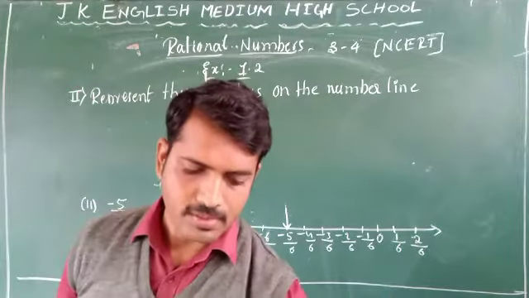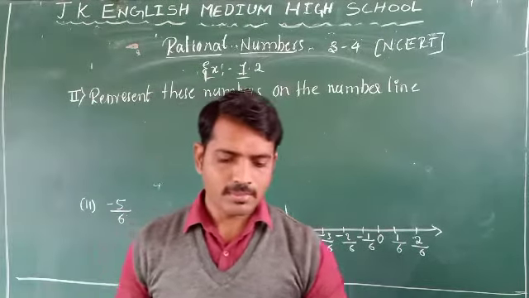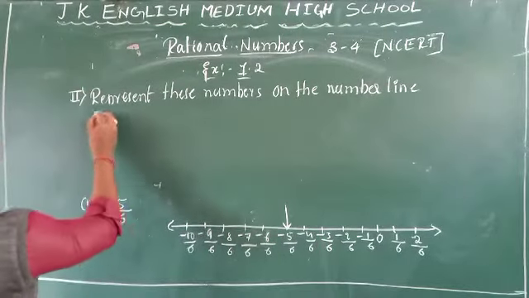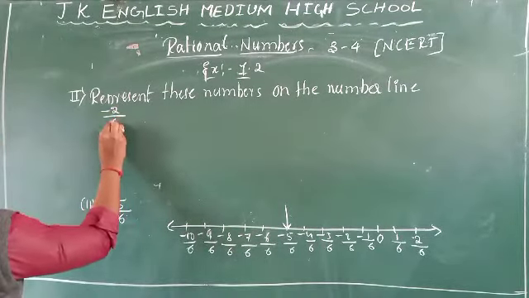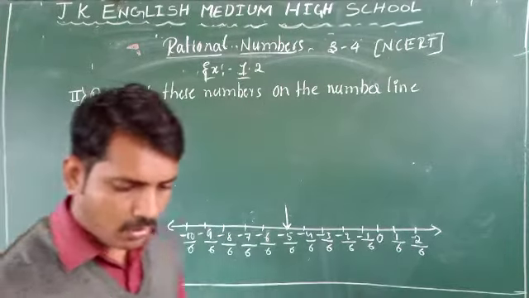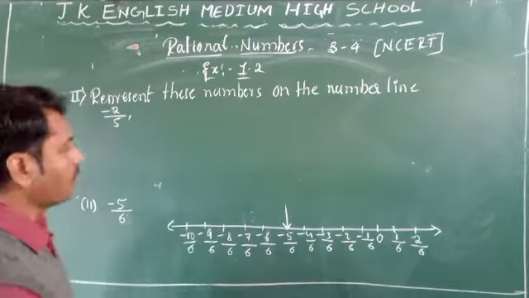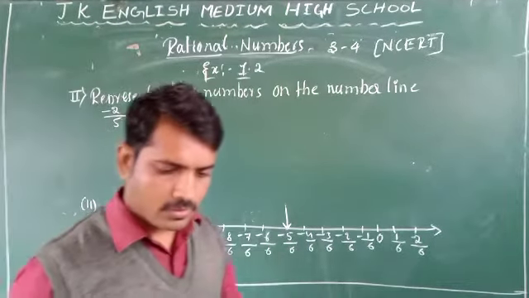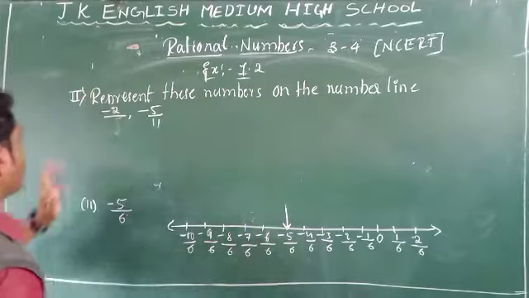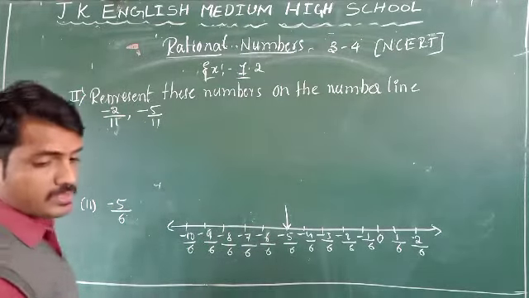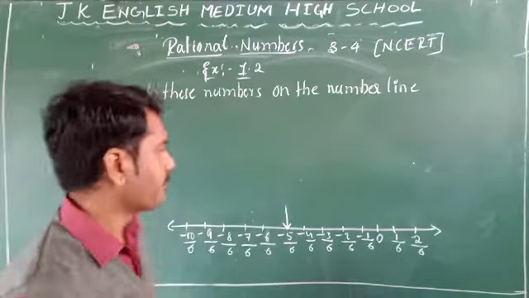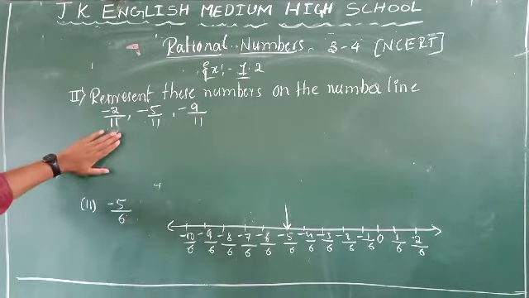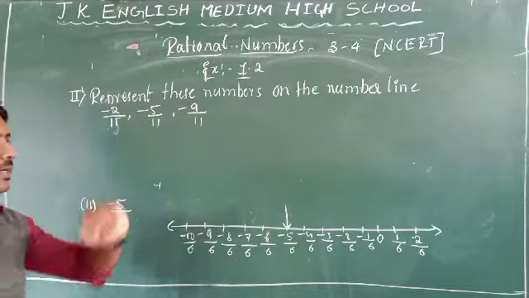Here he has given some numbers like minus 2 by 5, minus 5 by 11, minus 2 by 11, minus 5 by 11 and minus 9 by 11. So we have to represent these three numbers on a single number line.